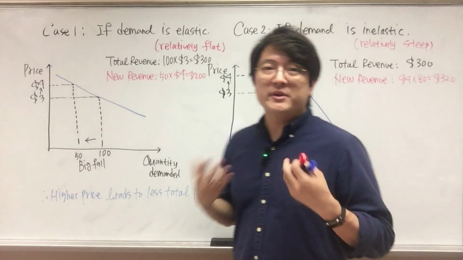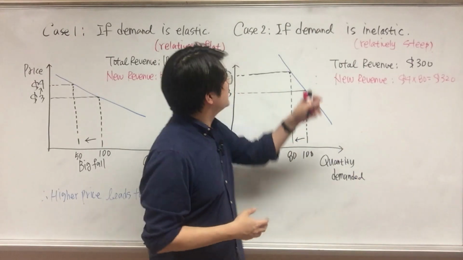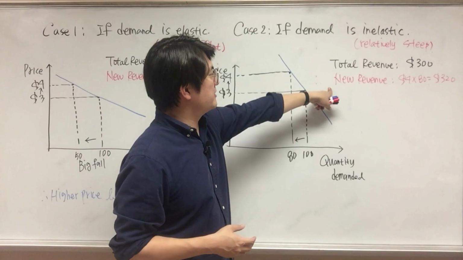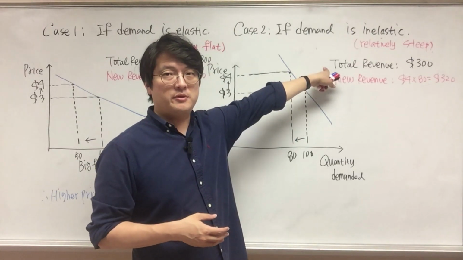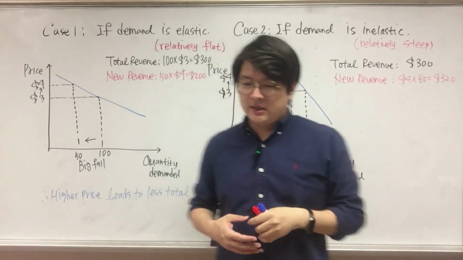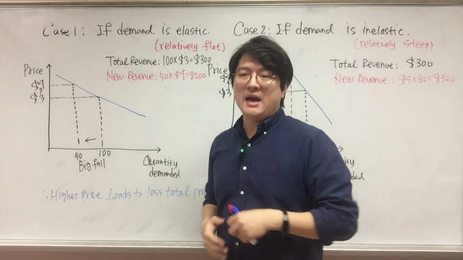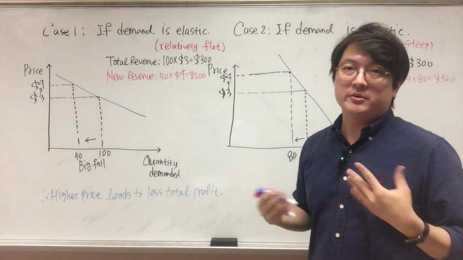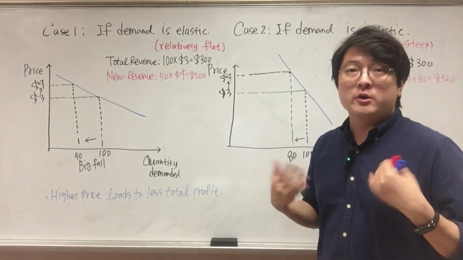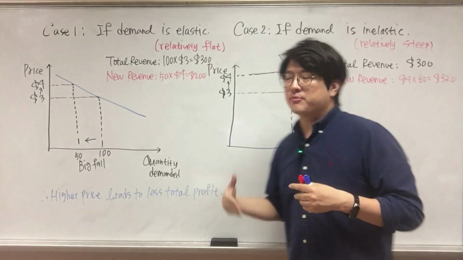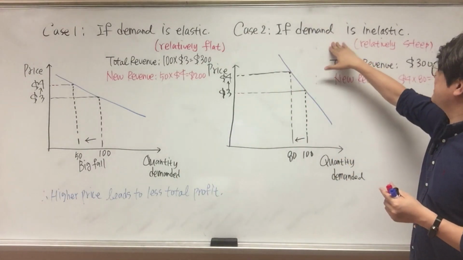So we can realize that if the demand is inelastic, the new revenue is greater than the old revenue, right? So in this case, higher price leads to a higher total revenue, correct? So companies will want to raise the price when the product is what?